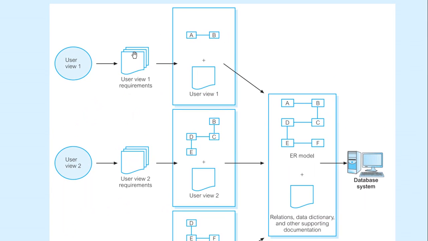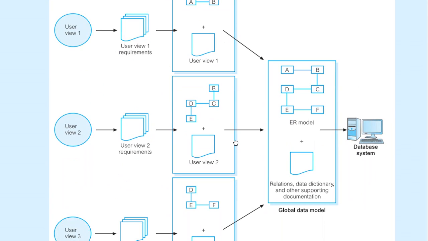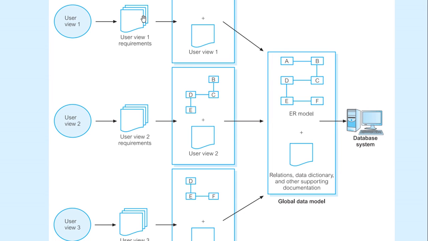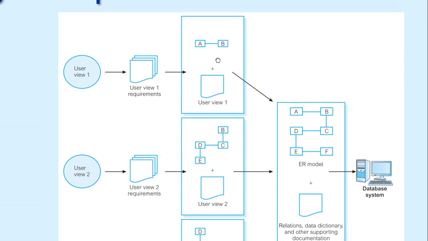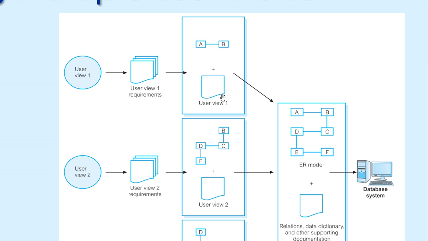Previously it was centralized because the requirements of each user view were combined. Here, rather than combining these three different user view requirements into a single one, each individual user view's requirements is given its own conceptual database design.